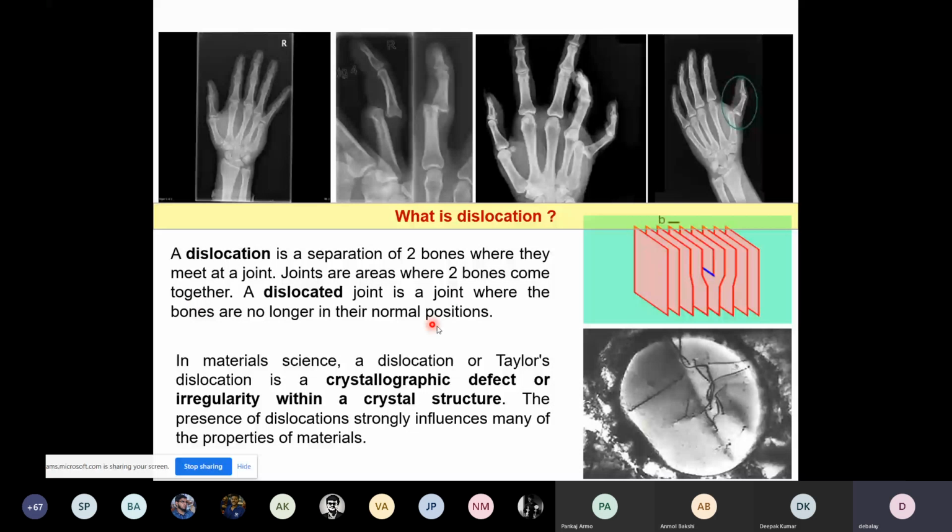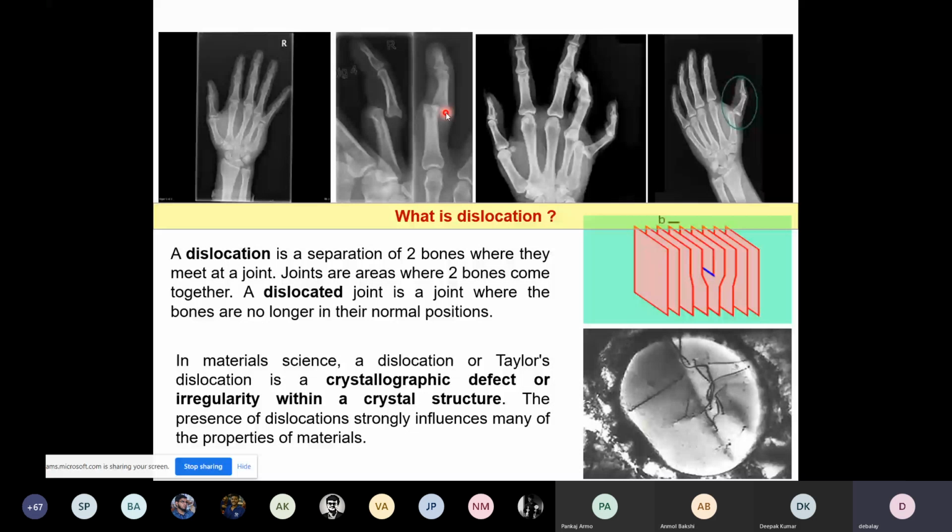So the joint got dislocated. So dislocation means something that is continuous inside a structure that got moved away, dislocated. This term we all know, we use the words dislocated bone, dislocated shoulder.